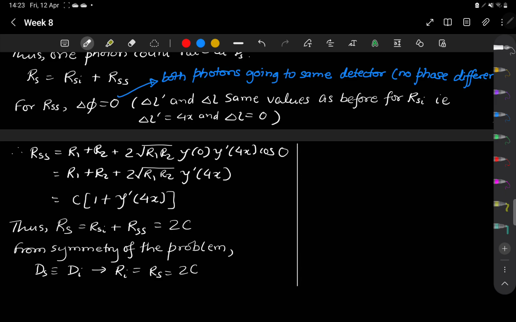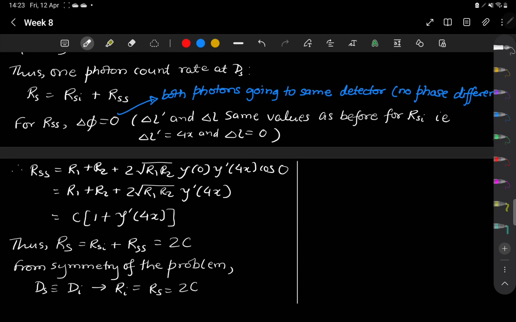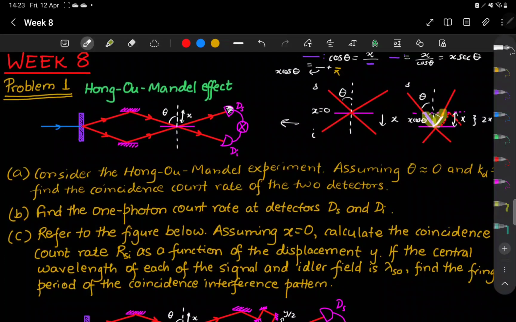Yeah, this looks straight, I believe. Okay. So the first alternative can be that you have the signal going and then coming at the beam splitter, reflecting, and the idler coming and transmitting.